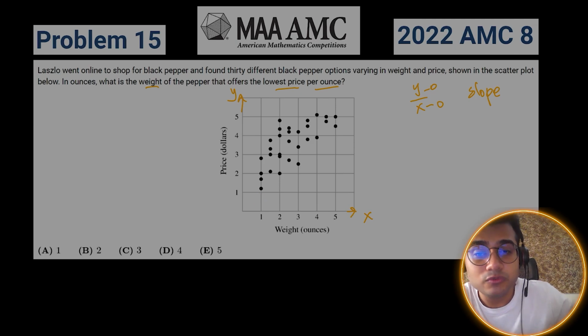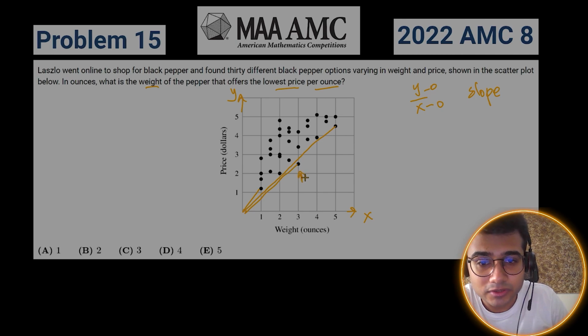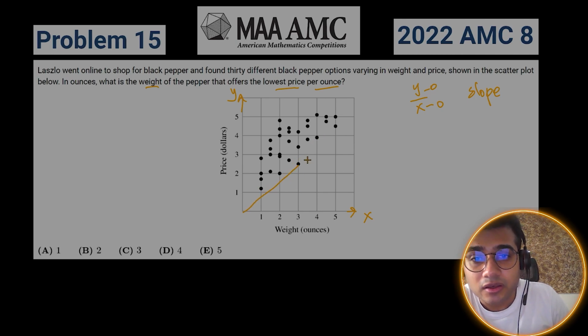We can just visually see which point does that, and that's going to be really easy to check. For example, we can just draw these lines and find that this is going to be the one that makes the smallest slope, because there is no point under this line, so it has to be this one. And what is the weight of that pepper option? It's 3, so the answer is C.